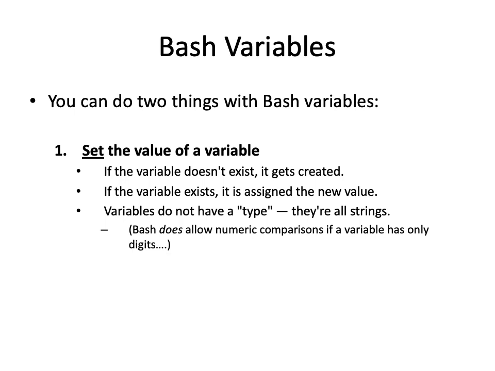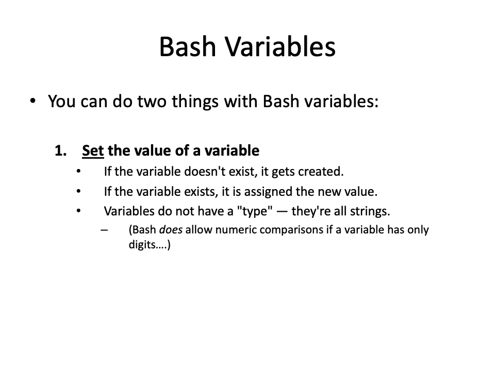If that variable doesn't exist, it gets created. If it already exists, it gets assigned a new value. So you don't need to say something like int i equals 3. Instead, here in Bash, you could say i equals 3. And if i exists, now i has this new value 3. If it didn't exist, now there is a variable called i and it has value 3.